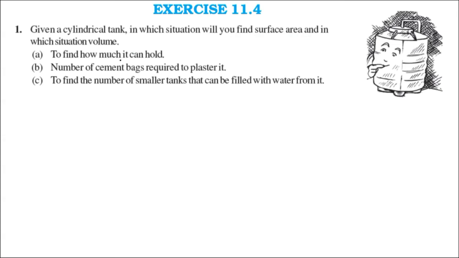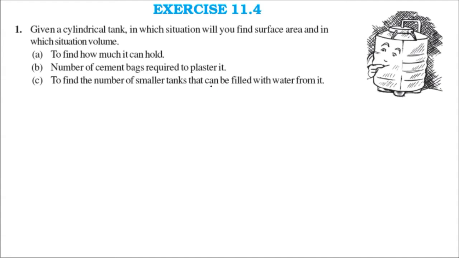There are 3 situations given. The first one is to find how much it can hold. The second one is the number of cement bags required to plaster it. The third one is to find the number of smaller tanks that can be filled with water from it.